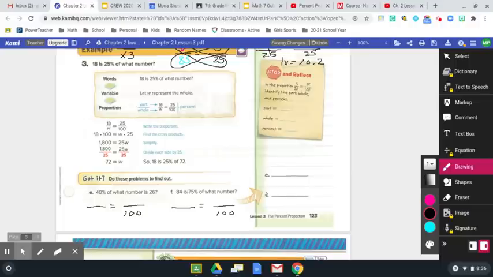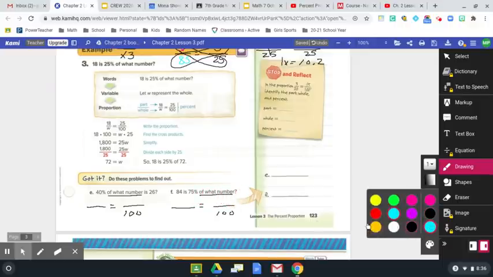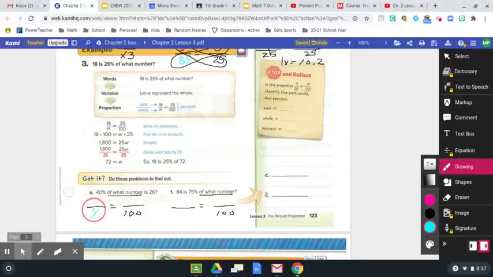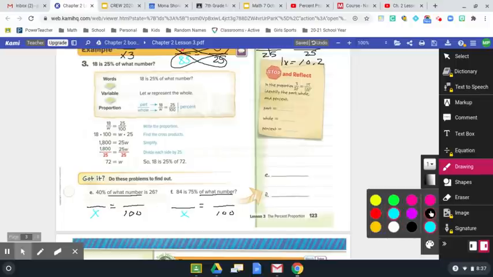Then I'm going to take a look in both of those problems and underline what we're solving for. So in letter E, of what number? Letter F, of what number? That "of" is the whole that you're missing, and that is the denominator, and that is where I'm going to put those x's.